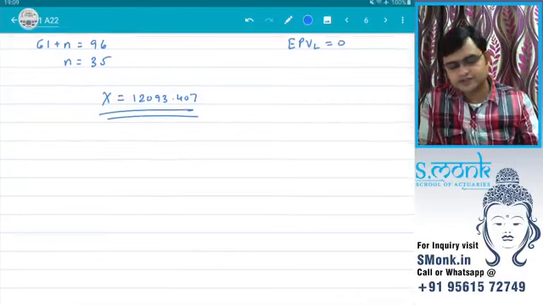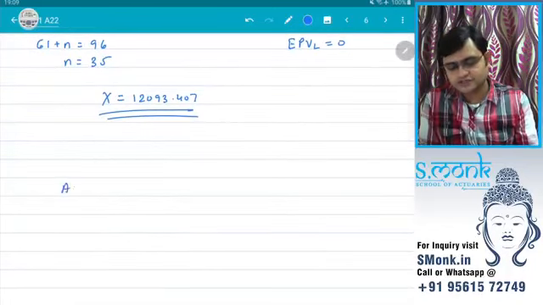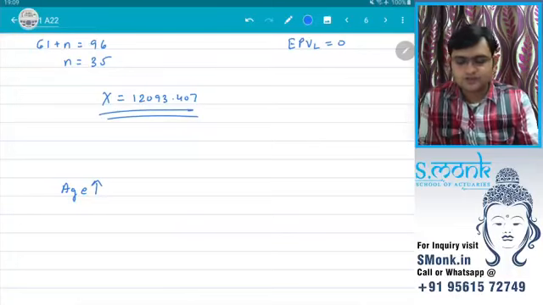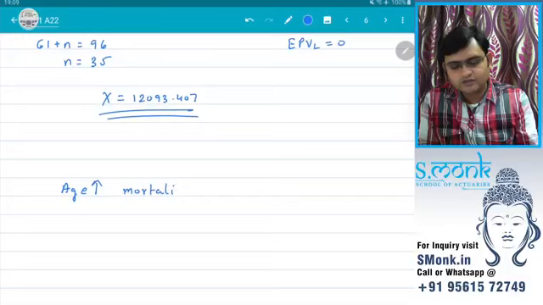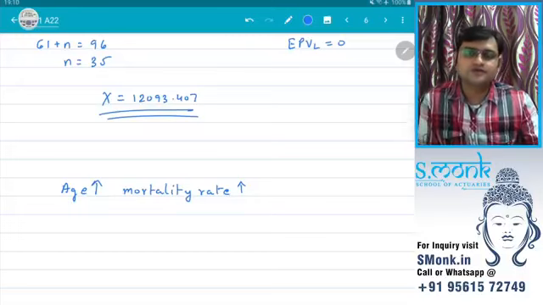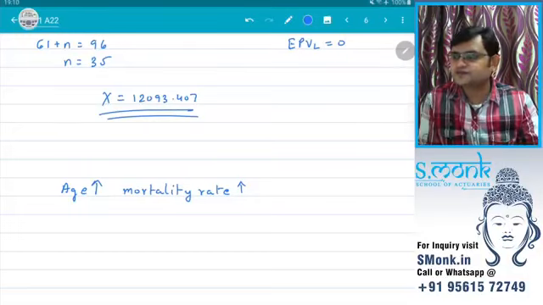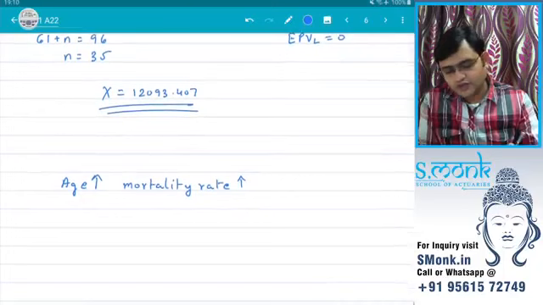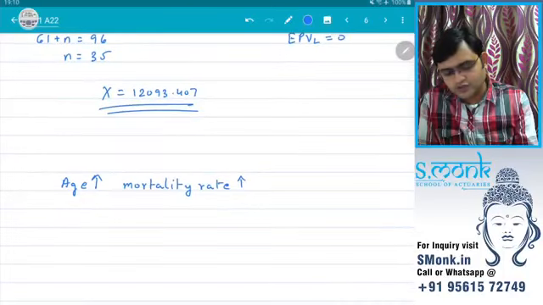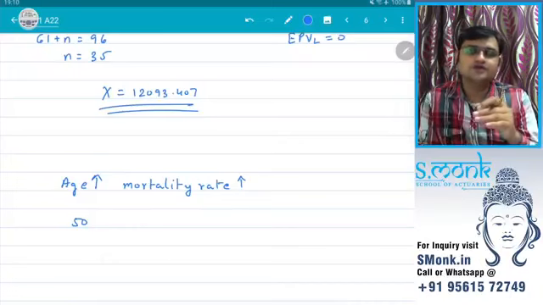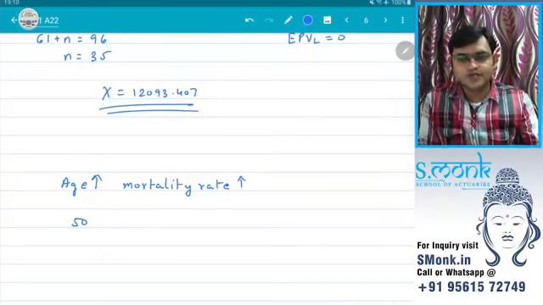So what happens is, as the age increases, the mortality rate will also increase. That means the probability of a person dying would also increase. So if we sell a policy to a person aged 50, the chances that the person would give initial premiums are definitely high.